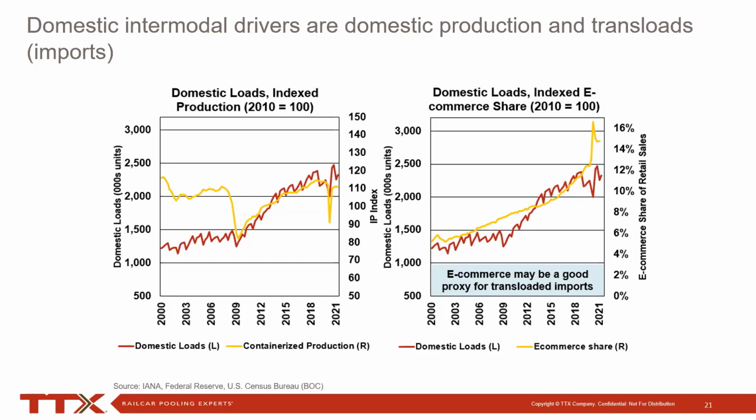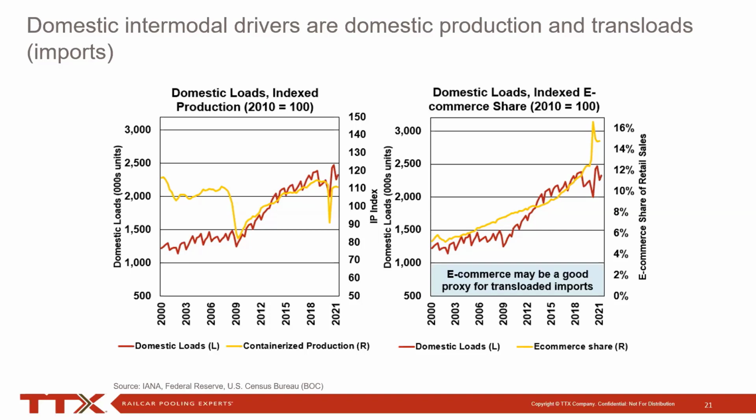So why was it a good fit? To be perfectly honest, I don't have an answer with 100% certainty for you. It could be that e-commerce retailers are typically large retailers, and they have sophisticated traffic departments and enough volume where transloading works for them. So in other words, it's somewhat of a coincidence, right?